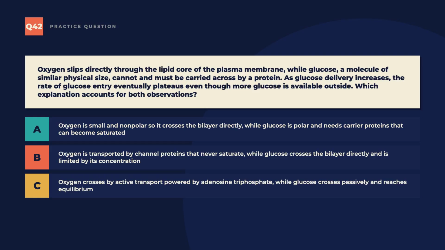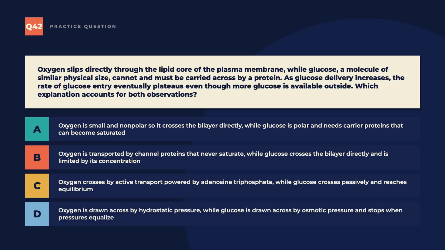C. Oxygen crosses by active transport powered by adenosine triphosphate, while glucose crosses passively and reaches equilibrium. D. Oxygen is drawn across by hydrostatic pressure, while glucose is drawn across by osmotic pressure and stops when pressures equalize. Take a second, which answer would you pick?